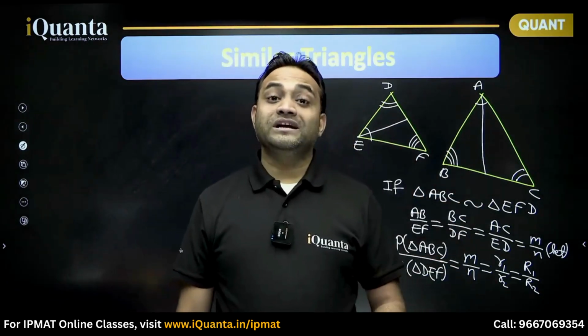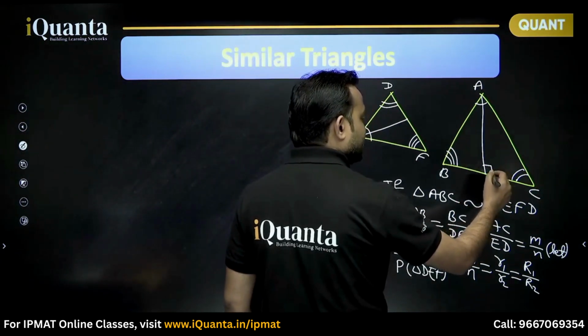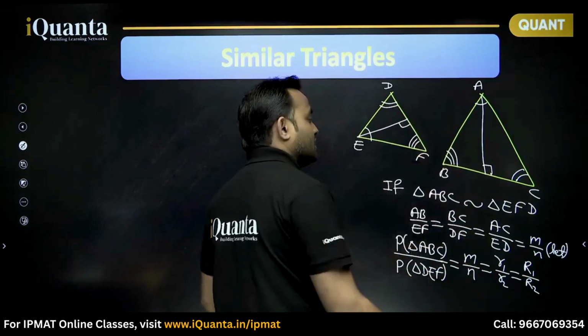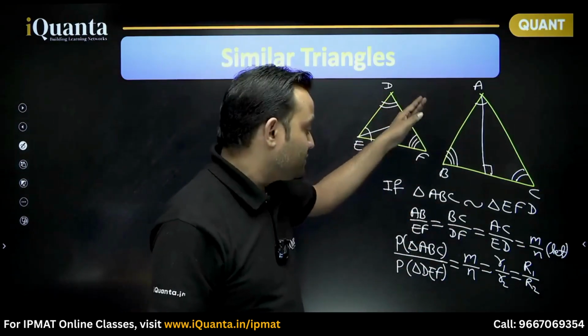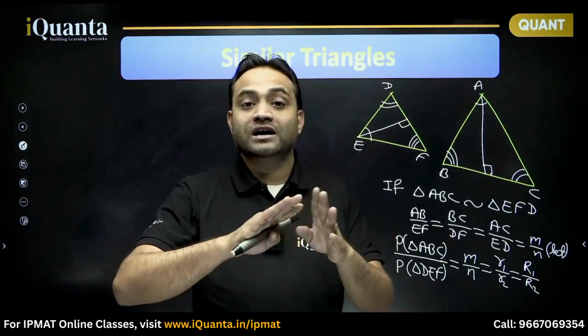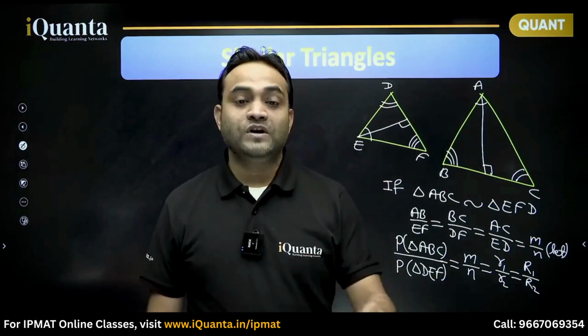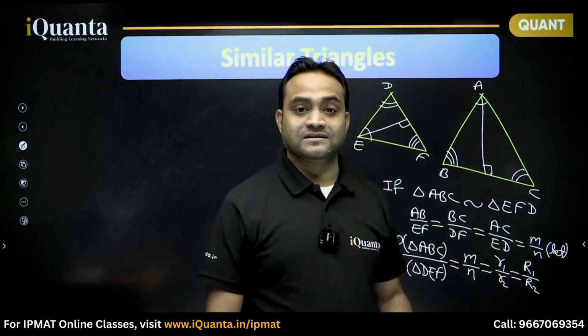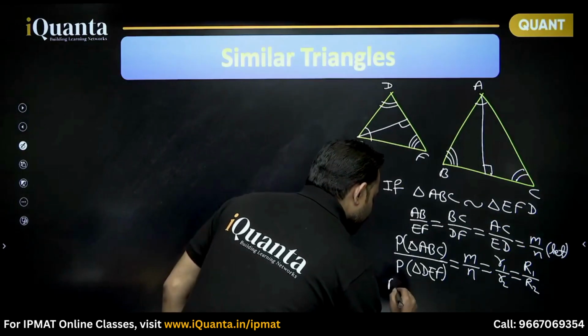The ratio of the corresponding altitudes, the altitude drawn from vertex A and the altitude drawn from vertex E, will be in the same ratio. So the ratio of all linear lengths in a triangle will be the same as the ratio of their side lengths. But one thing is different, that is area.